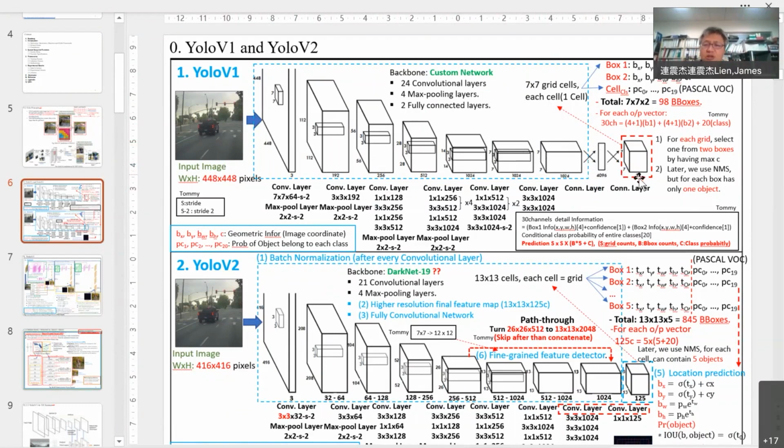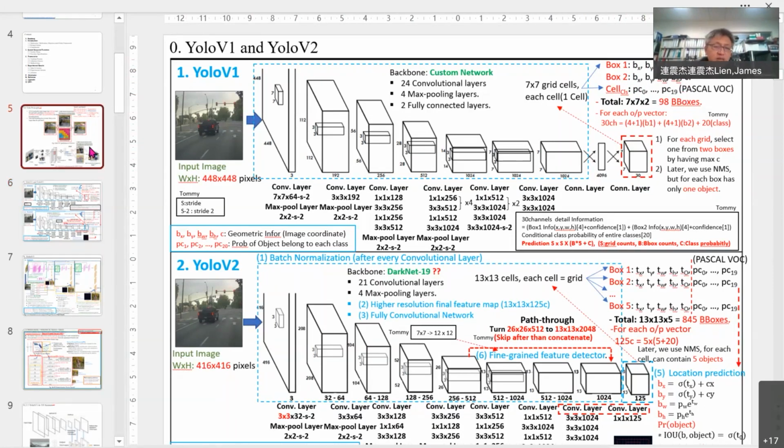Finally, for each grid, they have 30 parameters. What's the 30? They have 2 bounding boxes, 2 different sizes of bounding box, or 2 anchors. So we have X, Y, W, H, and confidence, 5 parameters, times 2 gives 10 parameters. Plus, for each grid, you have 20 classes.